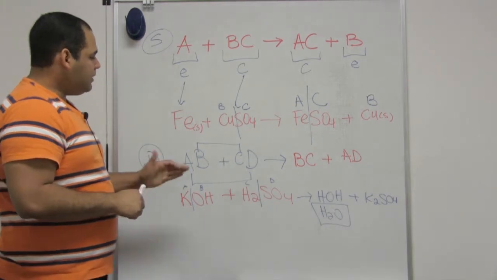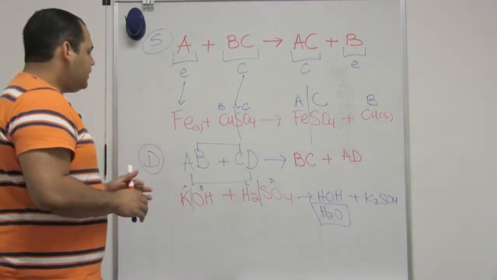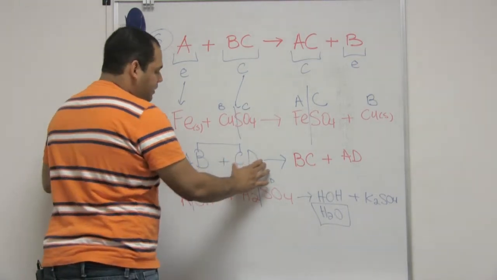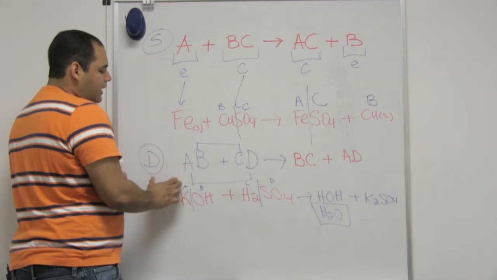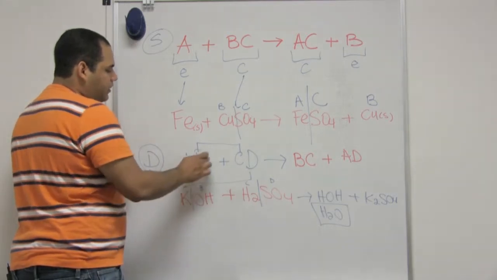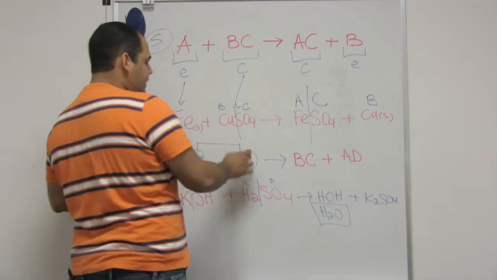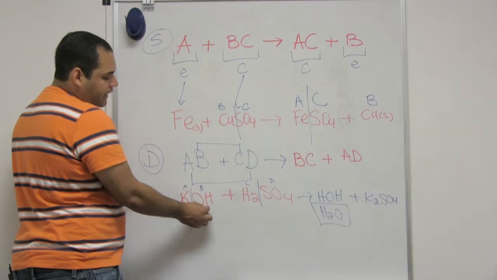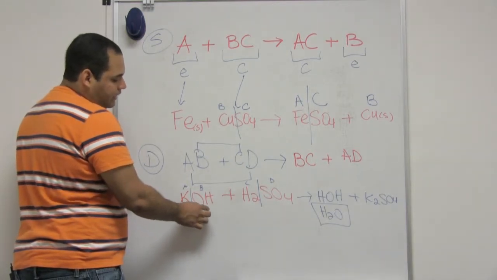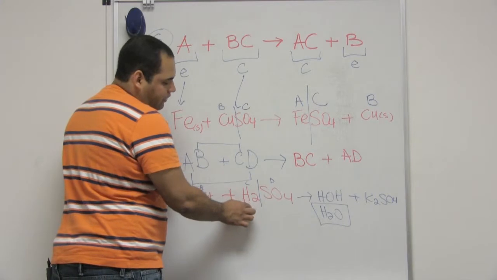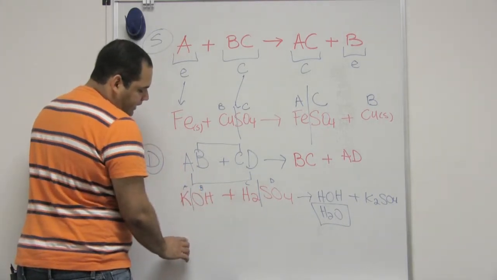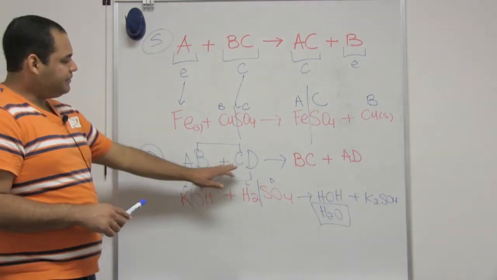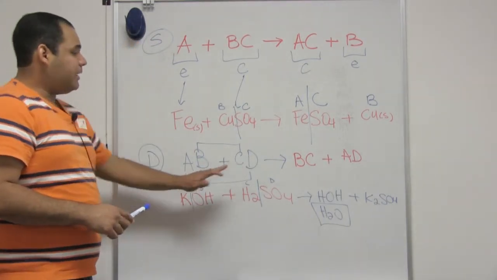We need to remember that B always combines with C. In this particular compound, I know that A is my cation, while B is my anion, C is my cation, and D is my anion, meaning that the anion from the one compound combines with the cation from the other compound, and the other cation combines with the other anion. This is why I say B combines with C and A combines with D.